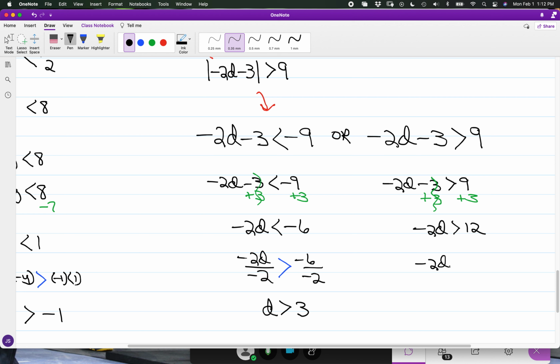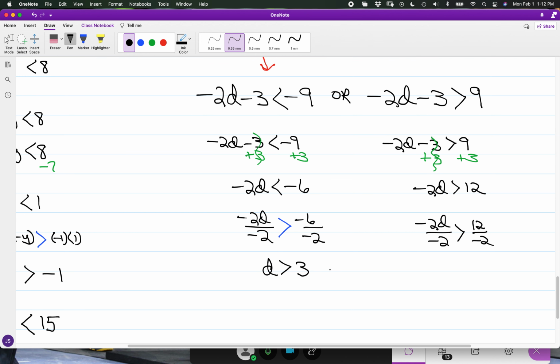And with division by negative 2, I had to catch myself. Again, if you multiply or divide by a negative, the direction of the inequality changes to less than. So we have in effect that d is less than negative 6.